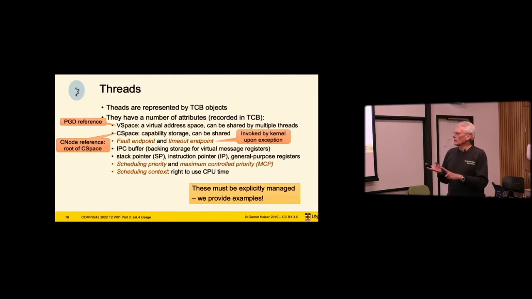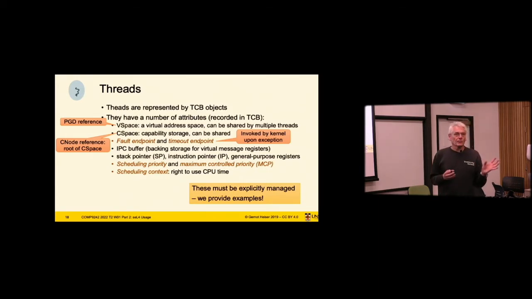And then there's some scheduling data, and there's basically 3 bits of scheduling data. A priority, which is pretty standard, the maximum control priority, which you can ignore for the time being. That basically limits the way in which a thread can manipulate its own priority. And then the scheduling context, which is the right to access the CPU, and I'll cover that later.